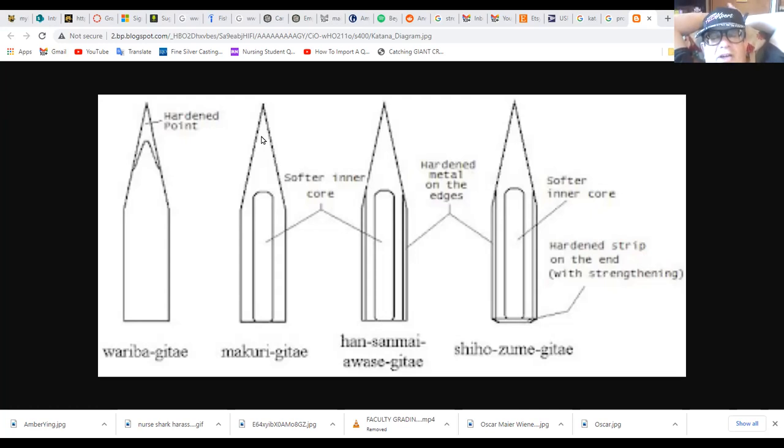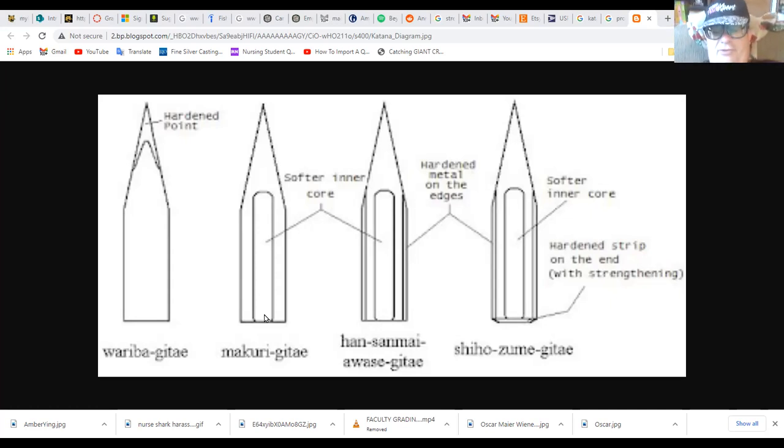Most of the sword may be hard, but the spine right here, the main part of the blade where it's likely to crack, that's a softer steel that won't crack as easily. It'll bend a little and come back. And that gives the sword the durability to survive multiple battles.